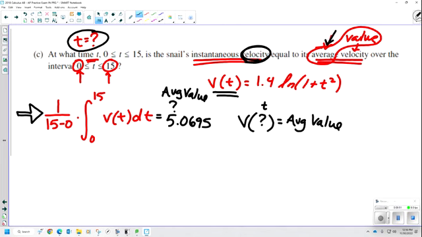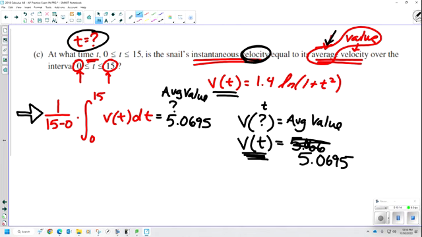5.0695. So I need to figure out what time that I could put in velocity that would make velocity equal to exactly 5.0695.